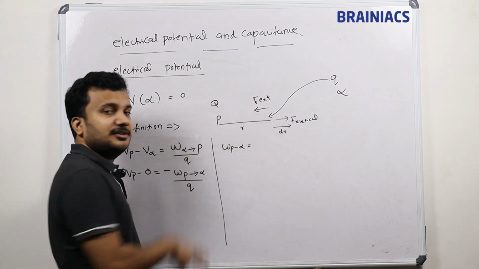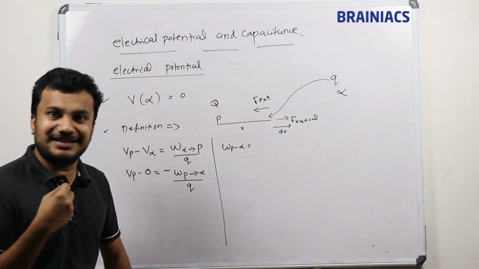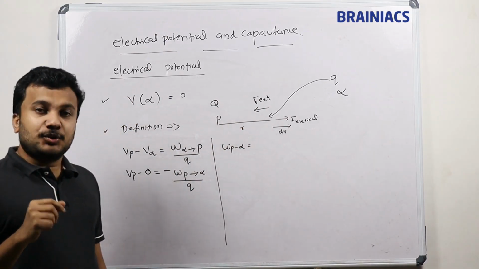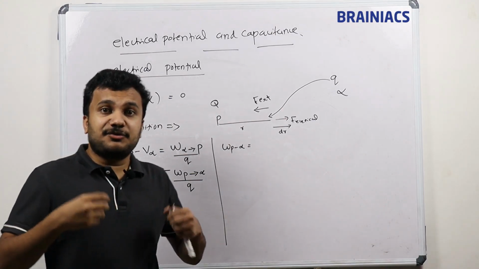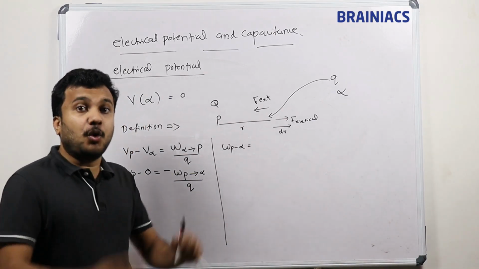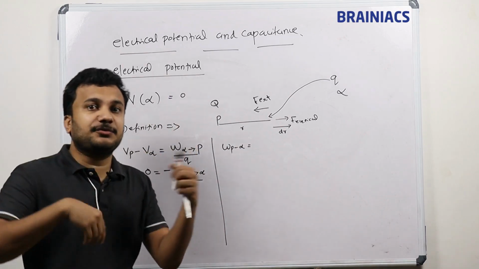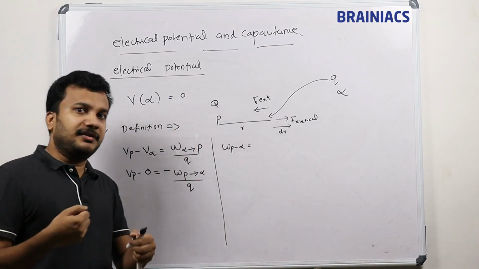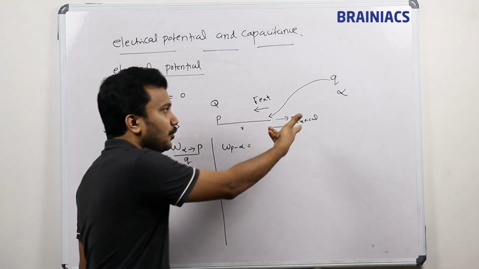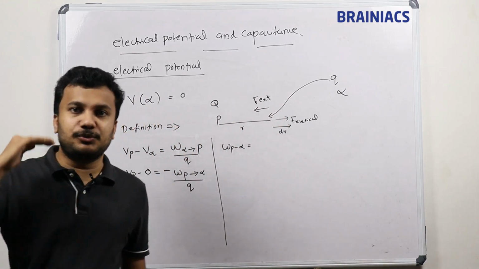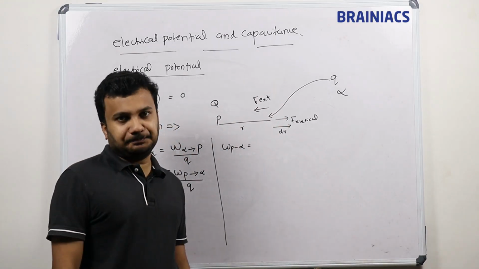Electrical force and external force are more or less equal in this case. More or less equal in the sense that the external force is what I apply to overcome the electrical force. If the external force were higher, the body would move in that direction, so it is the minimum value, equal to the electrical force.